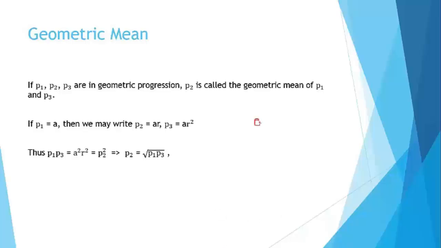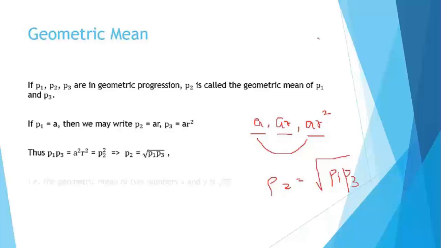So P1 times P3 equals A times AR square, which is A square R square, equals P2 square. So P2 equals root of P1 times P3. That is, the geometric mean of two numbers x and y is root of xy.